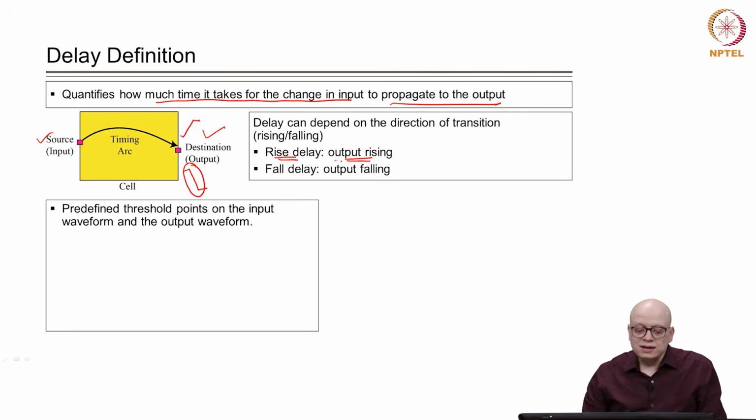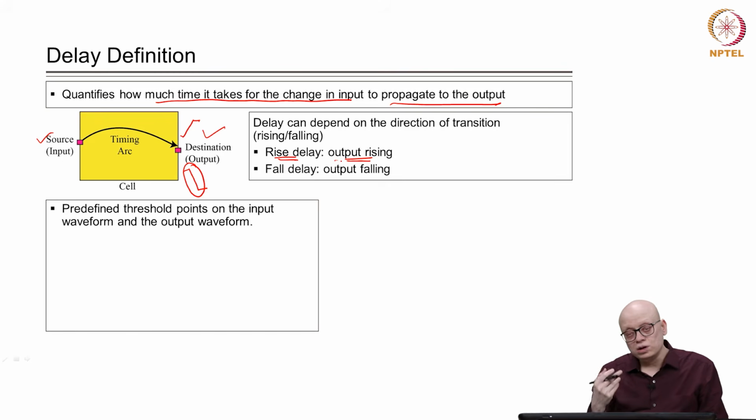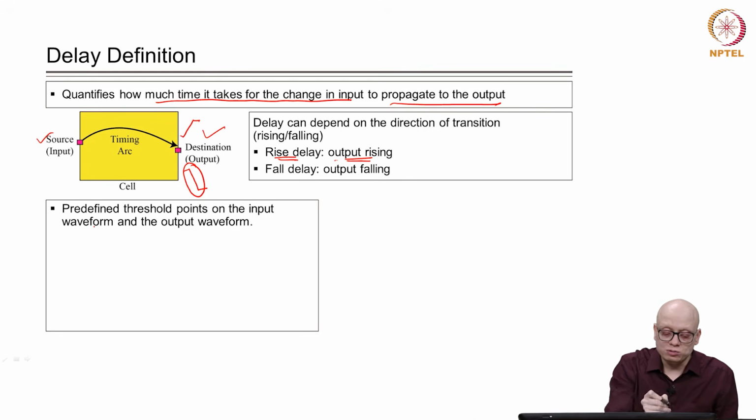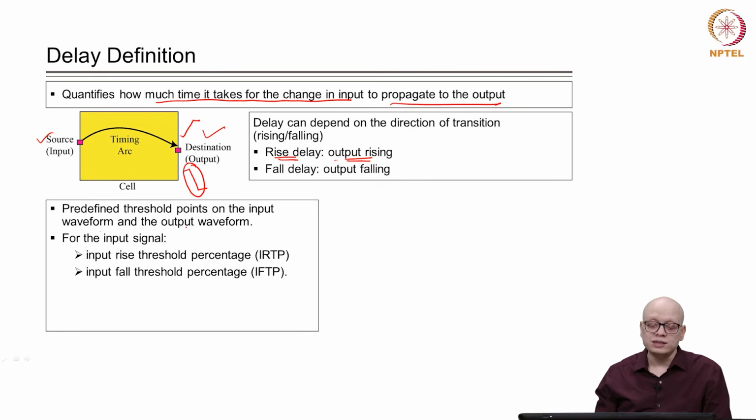Okay. Then again, as we had chosen threshold for the slew, similarly we choose threshold for the delay also for characterizing. So, during characterization, predefined threshold points on the input waveform and the output waveform are chosen. Separate thresholds are there for the input and the output, and these thresholds are mentioned in the header of the technology library.